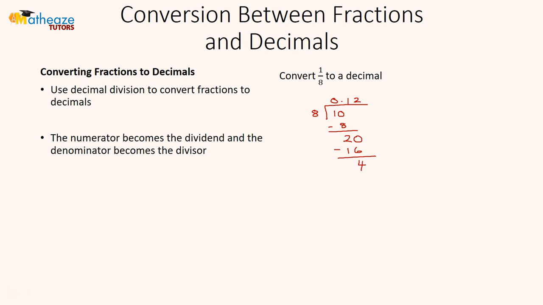Subtract again, we have 4. We can introduce another 0. 40 divided by 8, 5. 5 times 8, 40. Once you get to a point where you have a 0 at the end of your division, it means that your decimal has terminated. So 1 over 8 is the same as 0.125.